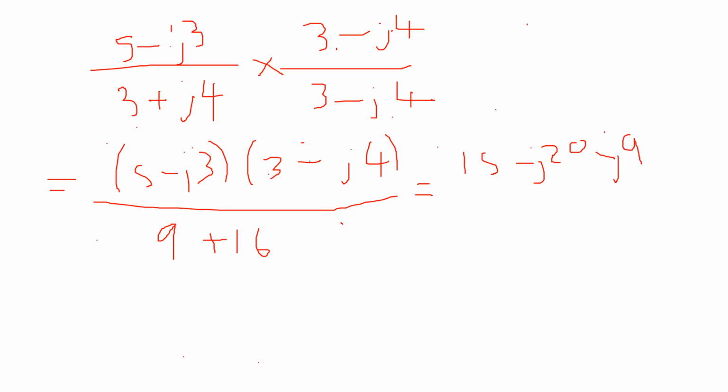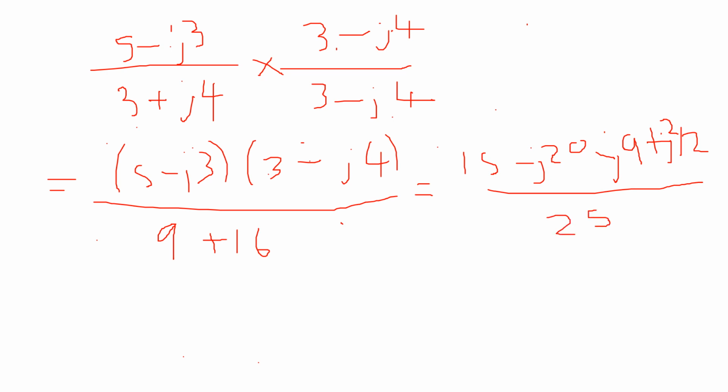And then negative j3 multiplied by negative 4j, which is going to be positive j squared, 3 multiplied by 4 is 12. And then it's all divided by 9 plus 16. 9 plus 16 is 25. So we have 25 here.